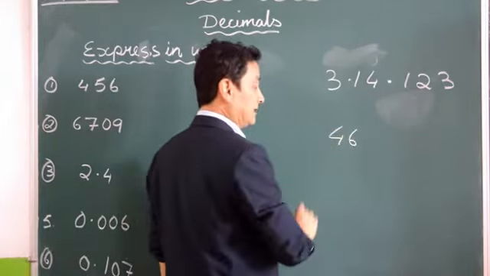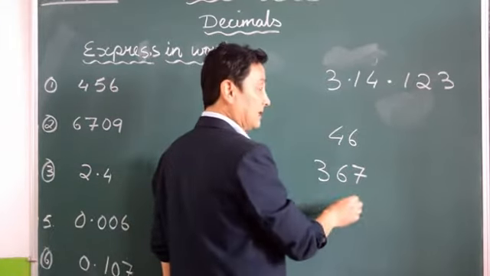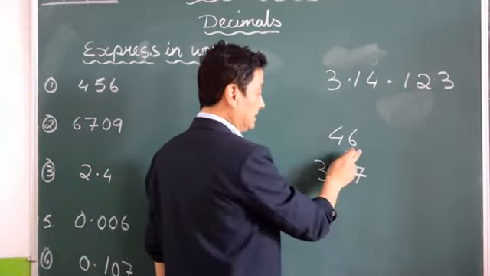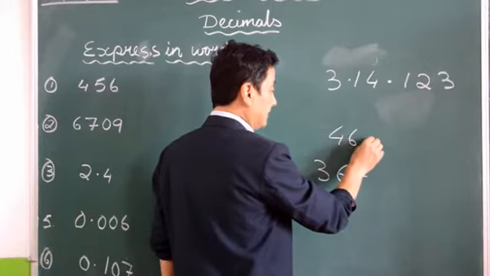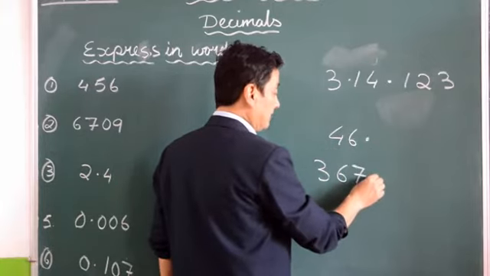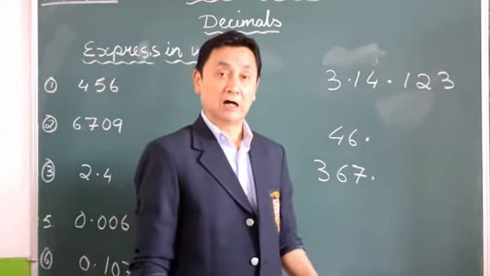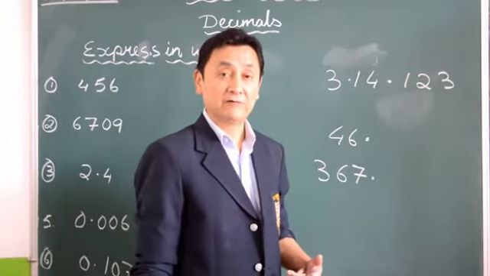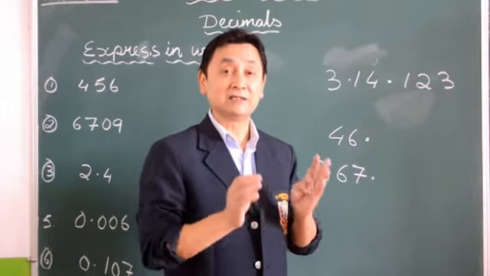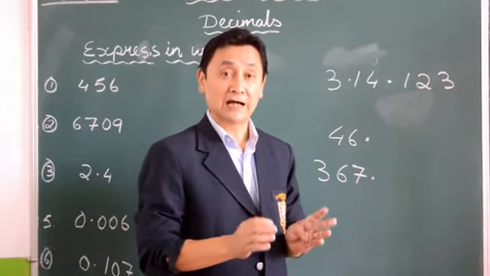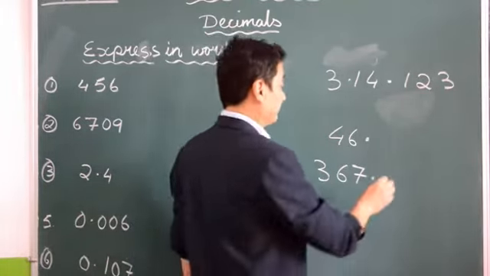But with decimals, it's expressed differently. Remember that if there's no decimal, these are whole numbers, and the decimal point is after these numbers. Whenever we read numbers after the decimal point, we have to read them as we see them.